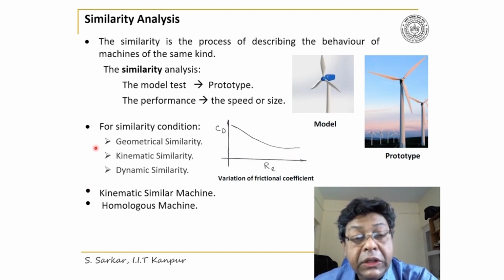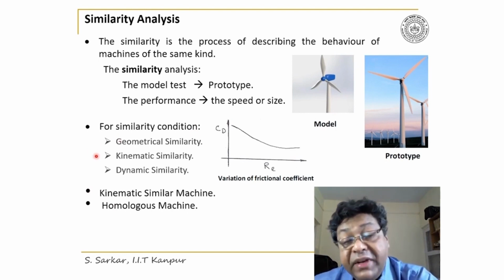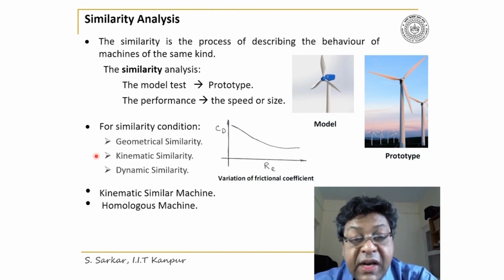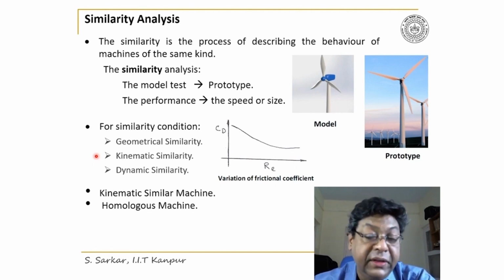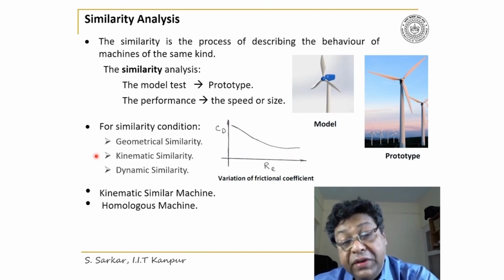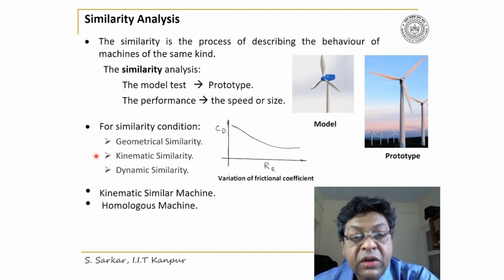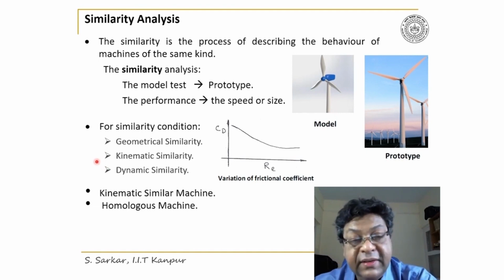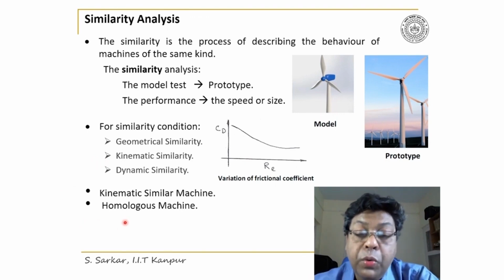If the geometric similarity and kinematic similarity conditions are both valid, then the two machines are called kinematically similar machines. Sometimes equality of Reynolds number becomes difficult. If all three points, that means geometric, kinematic and dynamic similarity, are maintained between two machines, then these machines are called homologous machines.